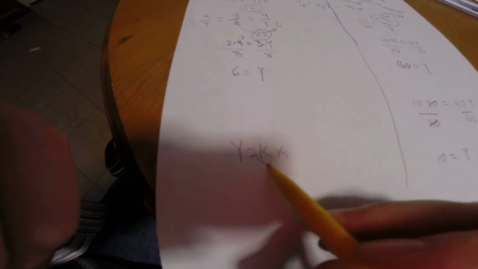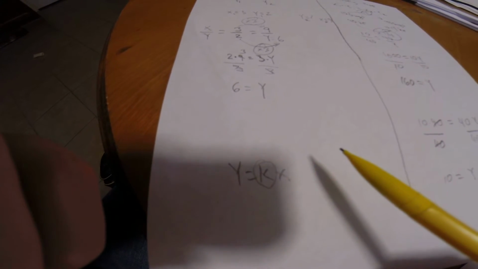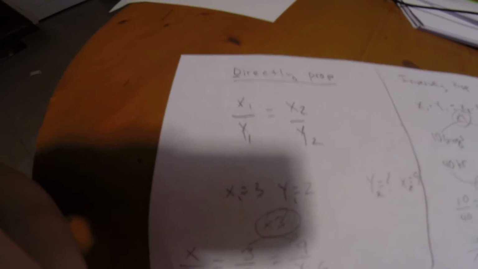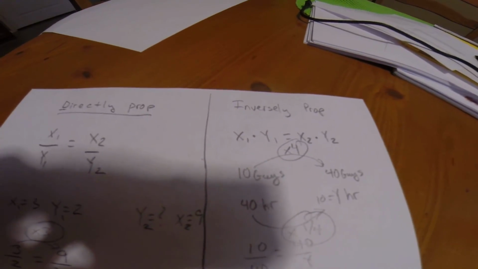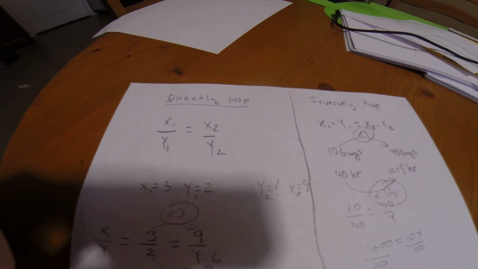All this is really saying is that this thing that I'm multiplying through by, this 3, tends to be this k value. So it's not too different. It's not too much more difficult. If you're familiar with this, you can use this. My advice to you, though, is to just use direct and inverse. I think it's a lot more straightforward.